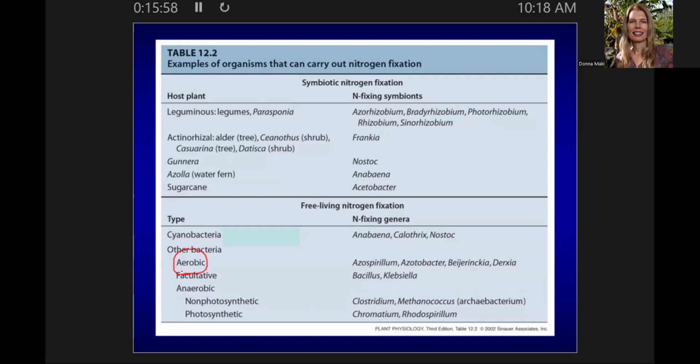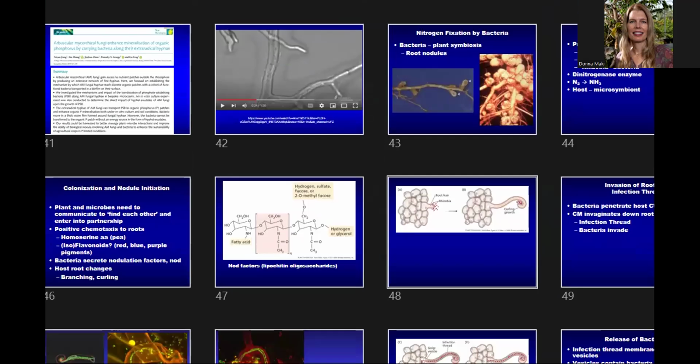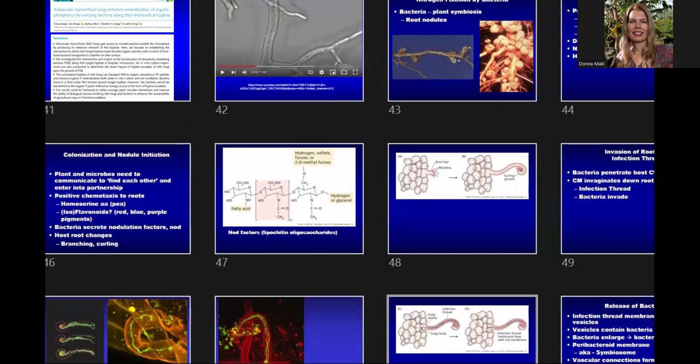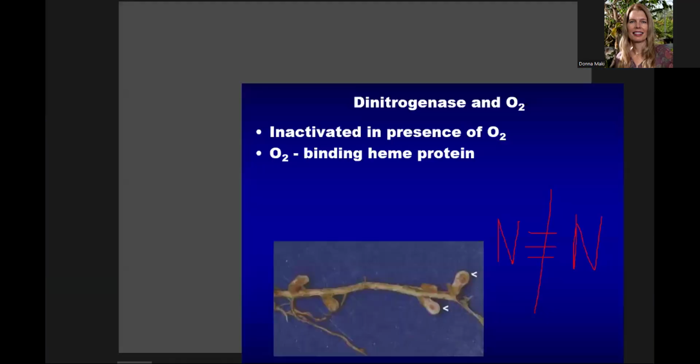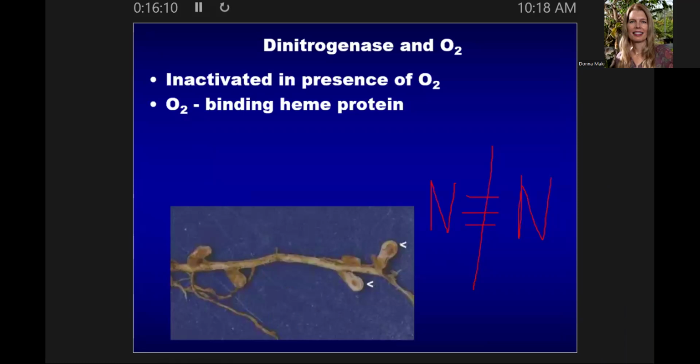And with the bacteria that hang out with plants, there's a nice little strategy that has evolved. It's this protein, this oxygen binding heme protein. It's called leghemoglobin. And that's what's giving rise to that pink coloration of the nodules.